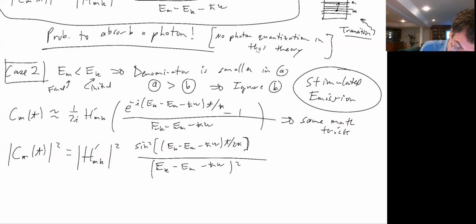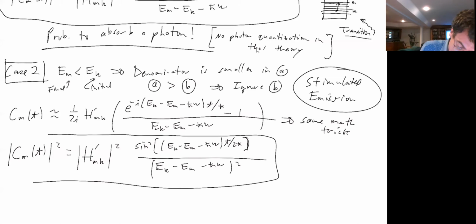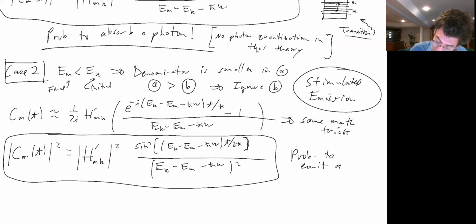And so this becomes the probability to emit a photon.